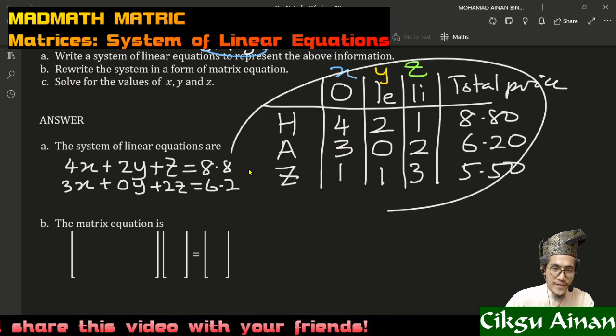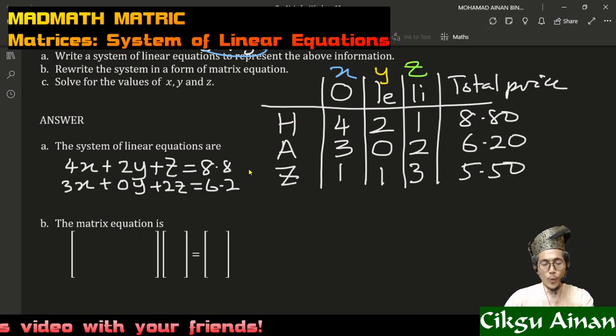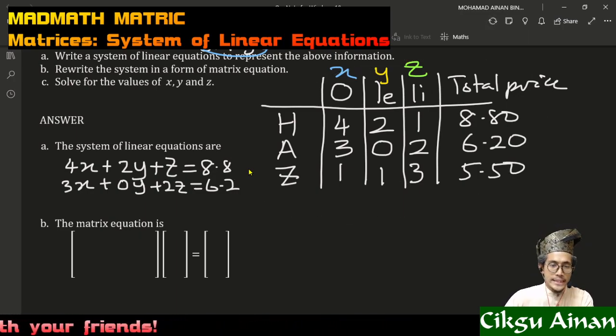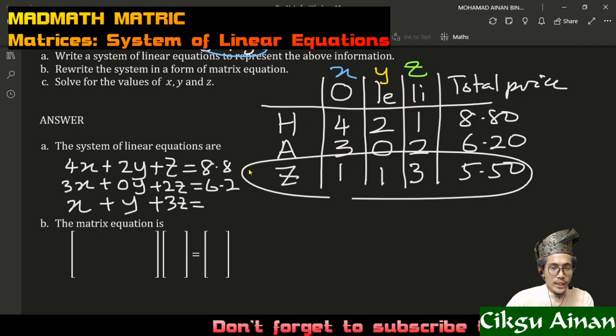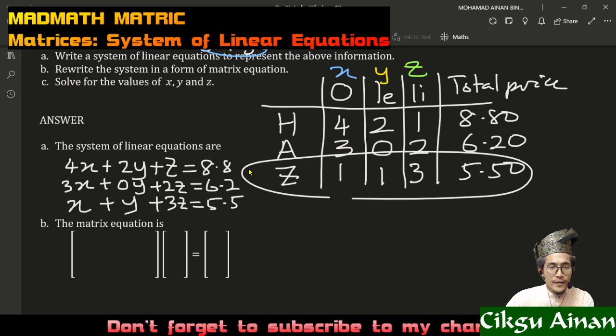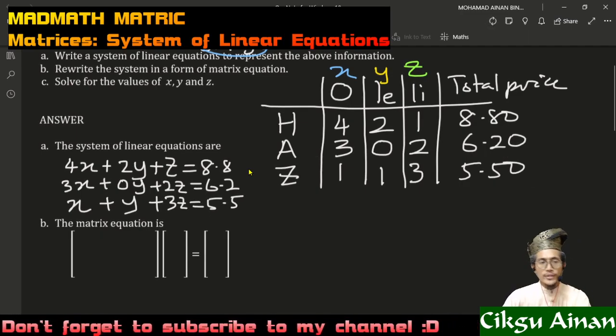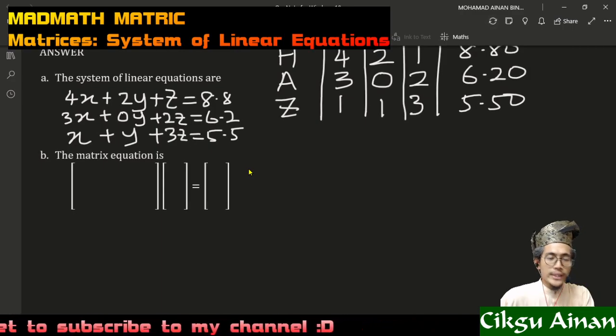That is why having this table will make your work easier, and then we can check for mistakes some more. Okay, the last one is x plus y plus 3z equals 5.5. Settled already. So this is the system of linear equations.